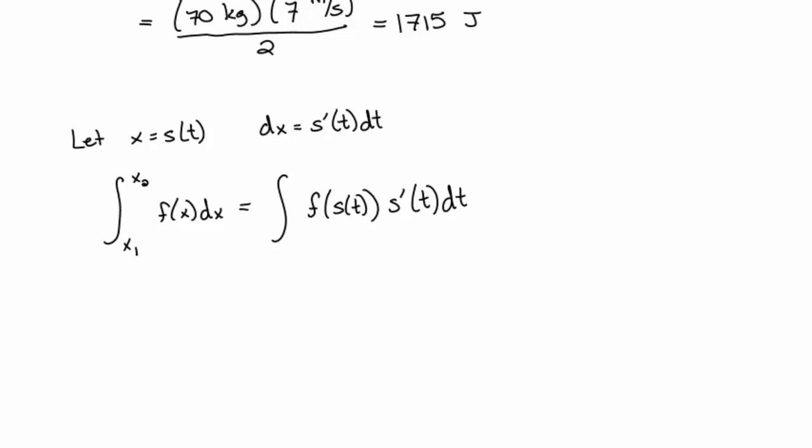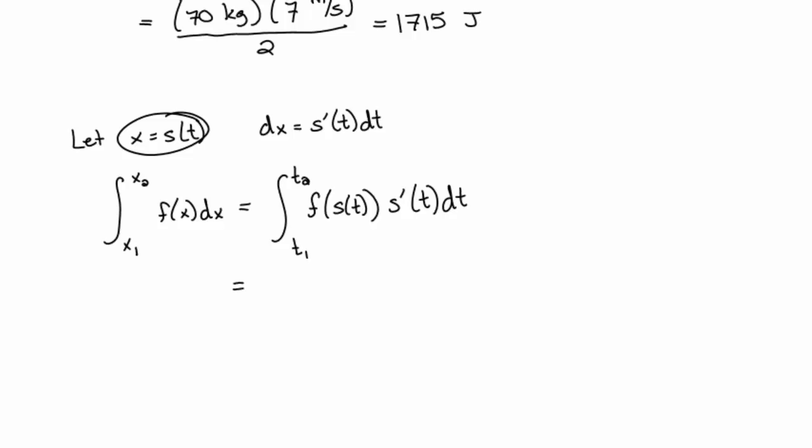Now, something you should note here is that our variable of integration is time. So we're going to go from some initial time to some ending time. And I'm not actually going to solve for time. I'm not going to say time 1 is s inverse of x sub 1 and time 2 is s inverse of x sub 2. I'm just going to say it goes from time 1 to time 2, because it does.